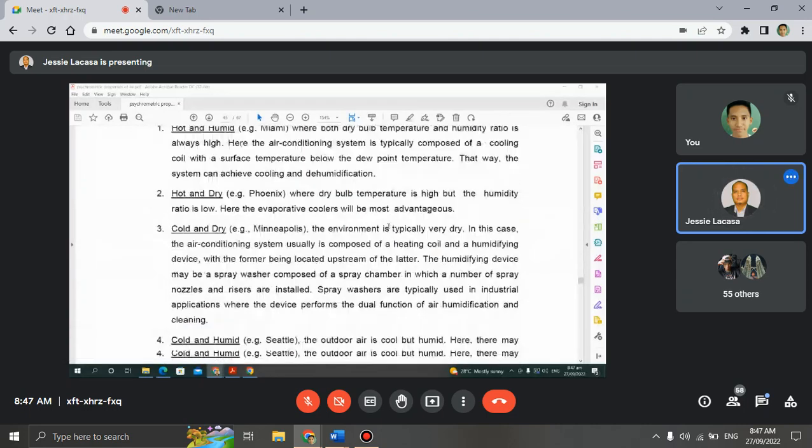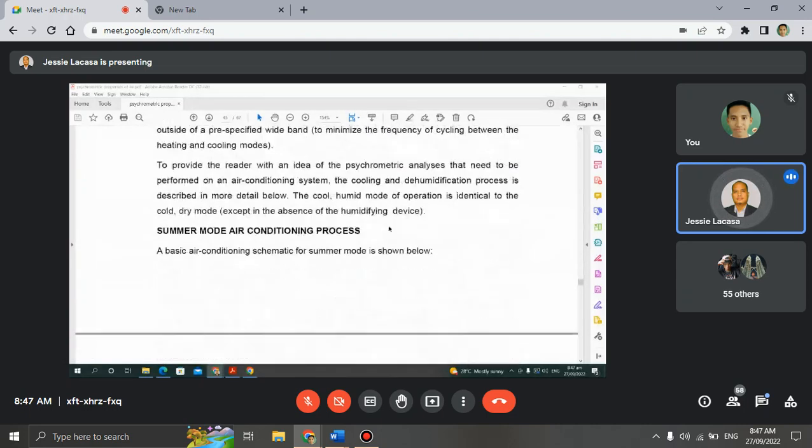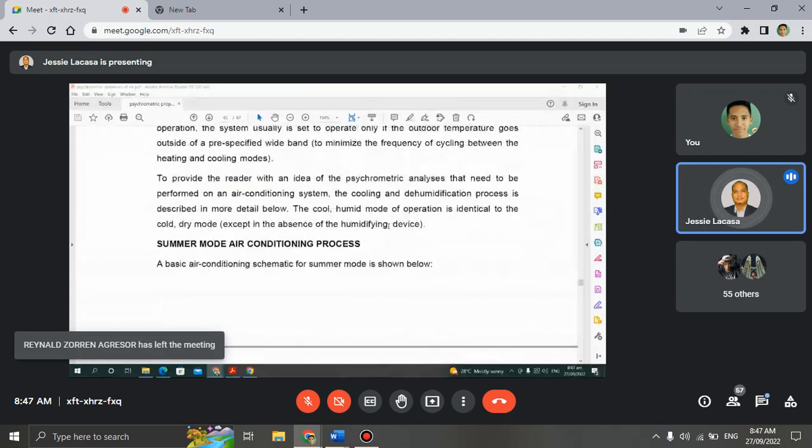Cooling na siya. Okay, pwede ra no? Cooling coil lang, sensible.